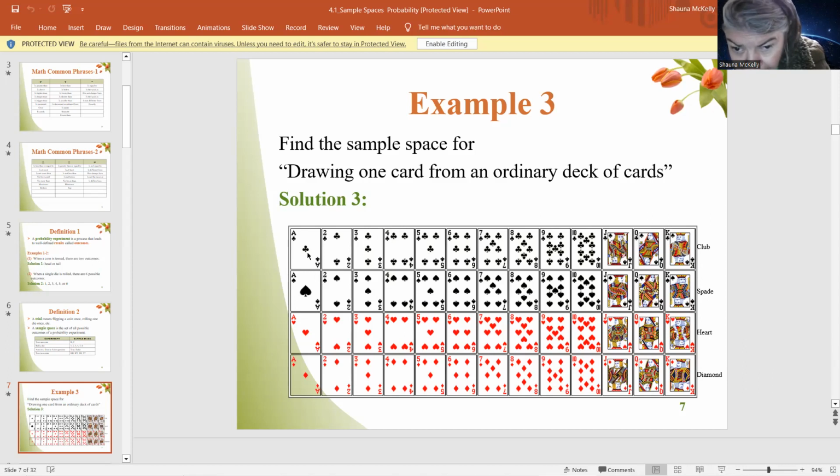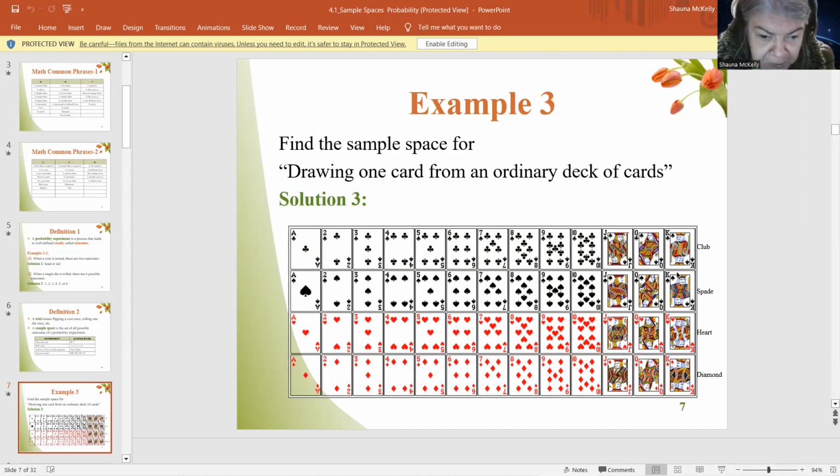The actual types of cards, the aces, the 2s, the 3s, the 4s, all the way to the kings, are called ranks. So the ranks are the individual values of the cards: ace, 2, 3, 4, jack, queen, king, something like that.